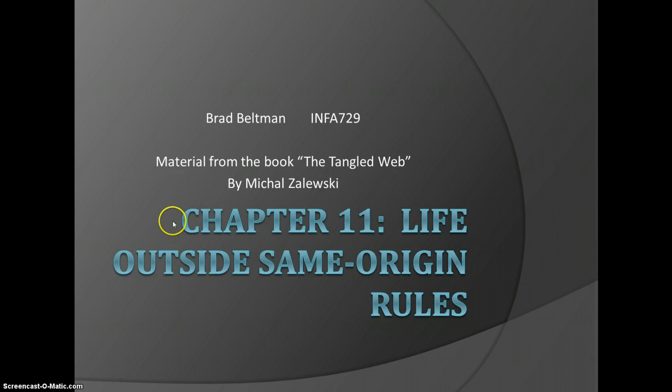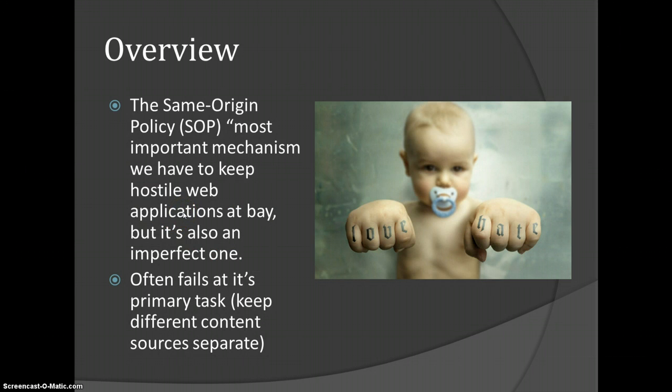First example being Love Hate Baby. The same origin policy is all about keeping distinctly different domains separate, and that's why I put Love Hate Baby up there. There's very few as distinctly separate things as love and hate, so I think he exemplifies it pretty well.